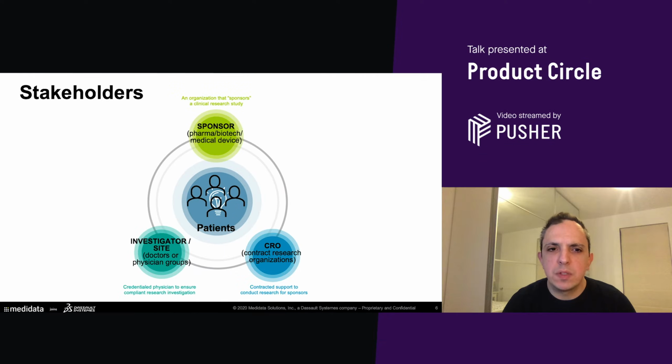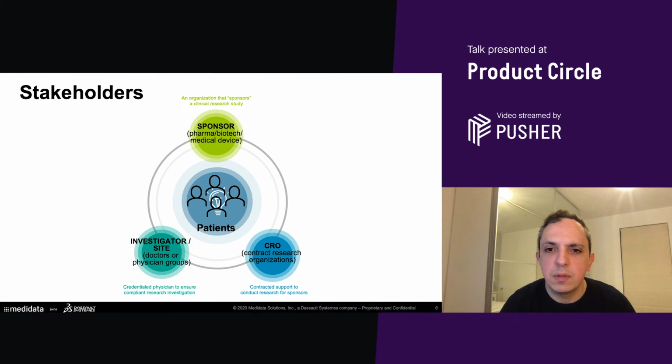These are called CROs, or contract research organizations, and they are companies that do just that on behalf of the sponsors. A very important stakeholder is also all the medical personnel that are working in the hospitals, clinics, GP practices, or sites as they are referred to, where the trial takes place. These are very important because they are the ones that have the majority of the interaction with the patients, and are also primarily responsible for the safety of the patients that are enrolled in the trial.